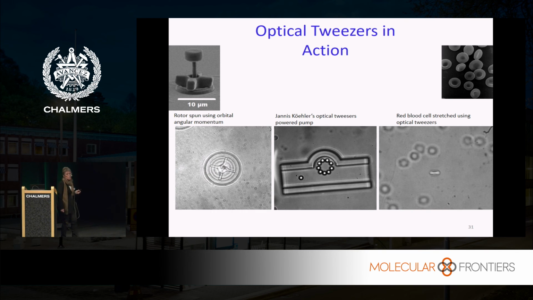I'm putting tiny particles into an orbital angular momentum beam and rotating them, and then there is a particle which is coming through, and I can move it around. And here is a red blood cell that I can stretch and look at the viscoelasticity by putting 2 beams of light on each end of it, and then applying a certain force to it.